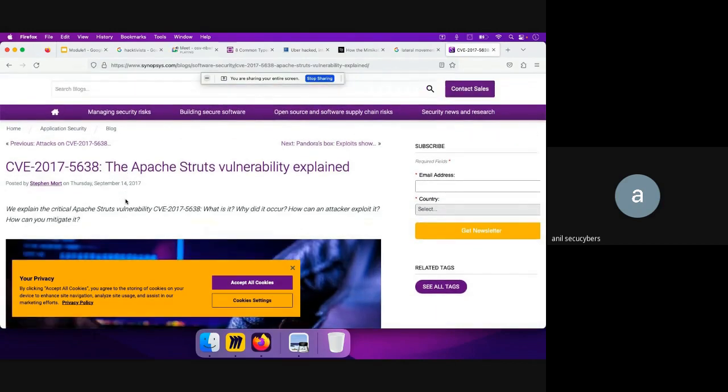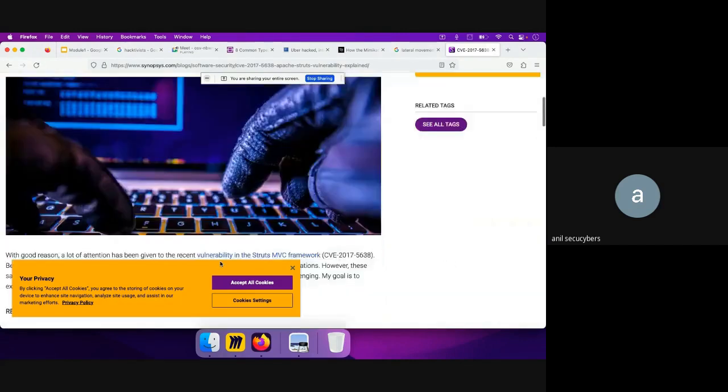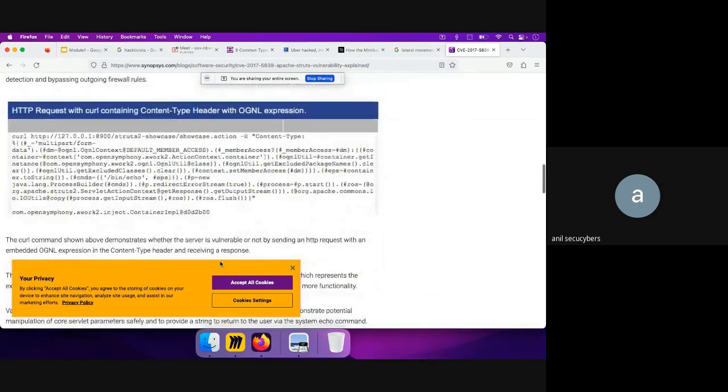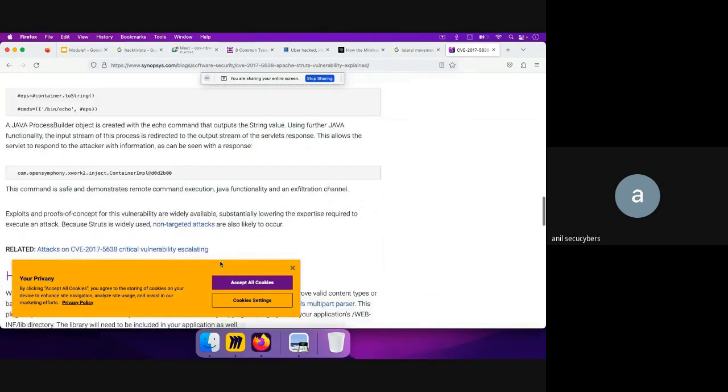What this vulnerability was is that it would allow the attacker to get hold of the server running this software, and it would enable the attacker to get remote code execution capability on the servers, which is called RCE, remote code execution. Okay, there are a lot of things you can go through to understand how the attack works. Okay, going forward.